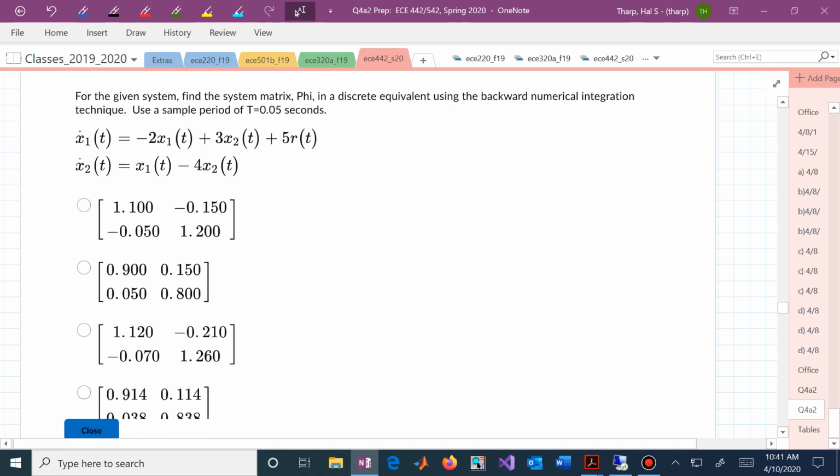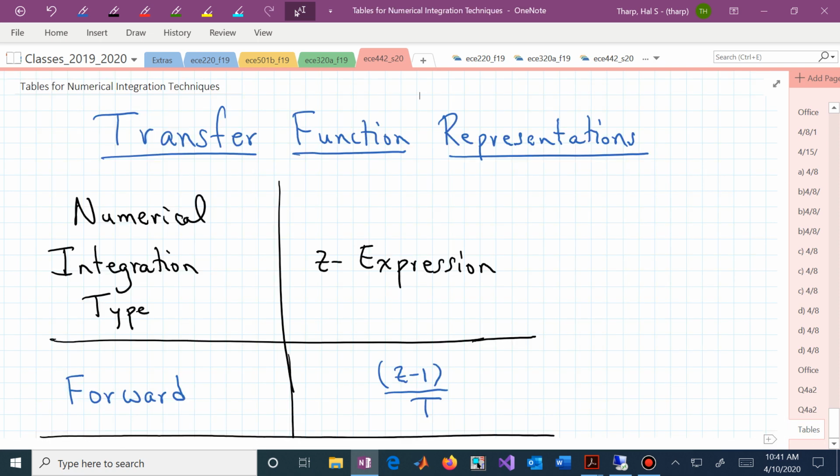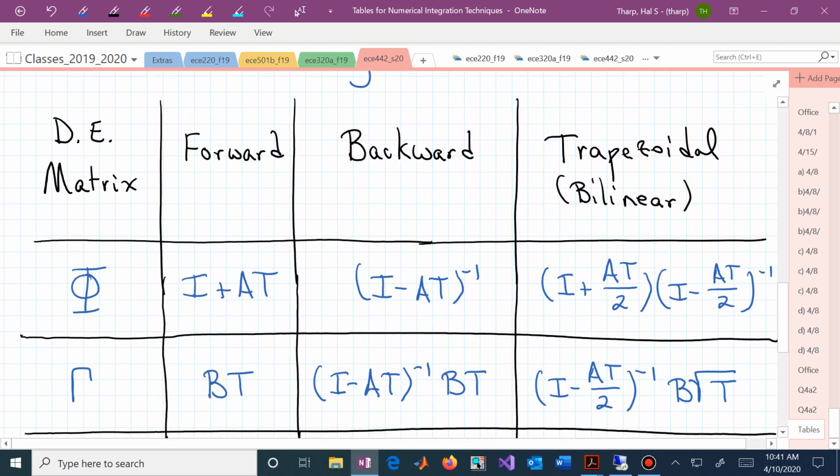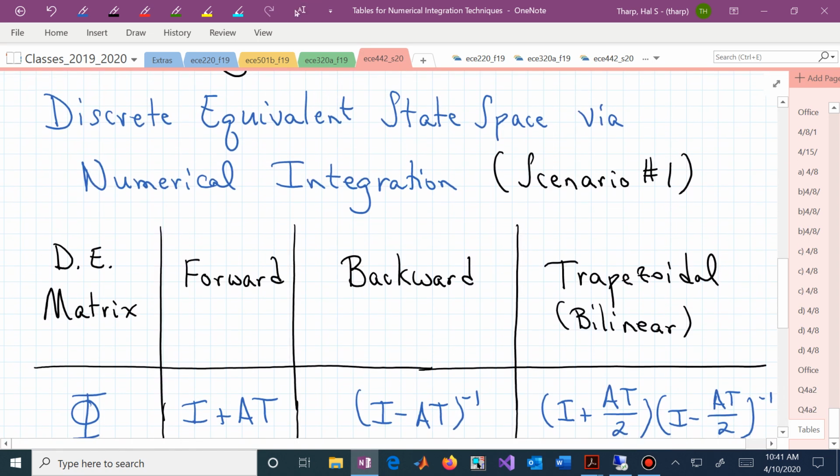The next one is given a system, find the system matrix phi and a discrete equivalent using the backward numerical integration technique. And now we're doing state space, so you might want to go into your tables and you say, oh, here is my information.